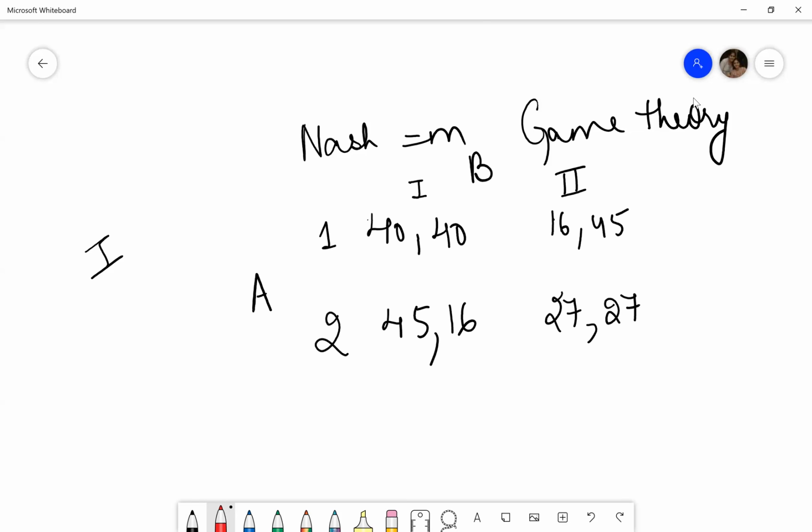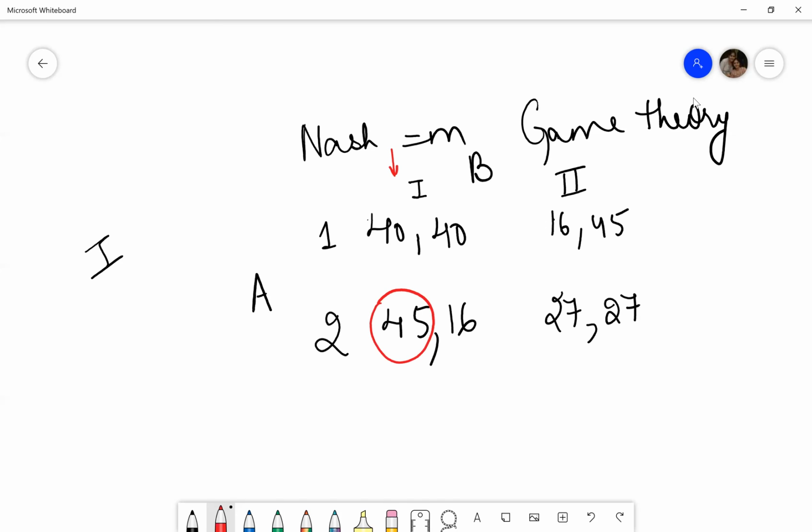So let's take into consideration A first. Assuming that B follows the first strategy, A will see which strategy will give him the maximum payoff. In this case, the second strategy gives him more payoff as compared to the first strategy.